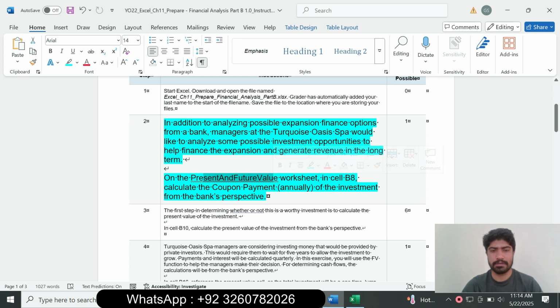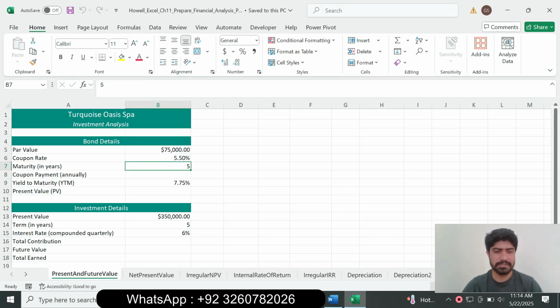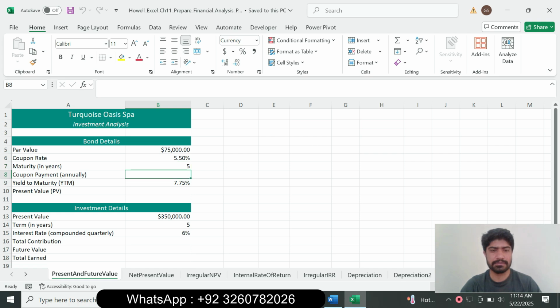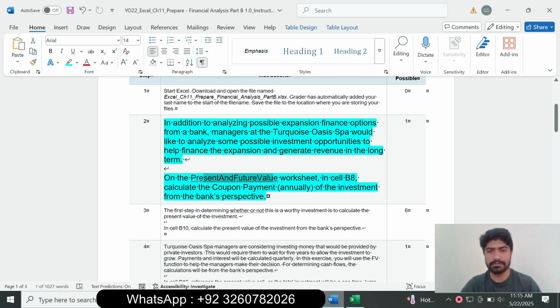So select cell B8, coupon payments, and calculate the value of the investment from the bank perspective.